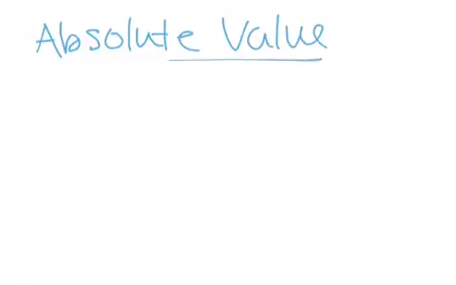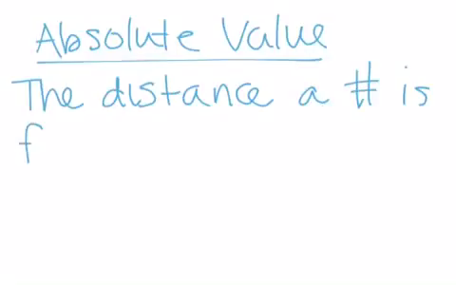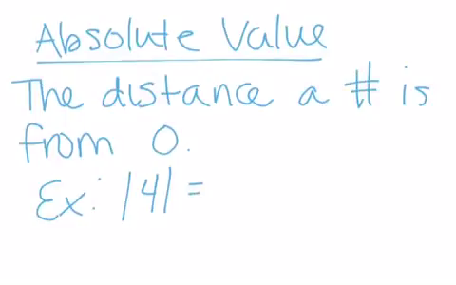So I'm going to start with the absolute value equations, and we need to recall that absolute value is the distance a number is from zero. Okay, so for example, absolute value of 4 is 4 spaces from 0, and so is negative 4.